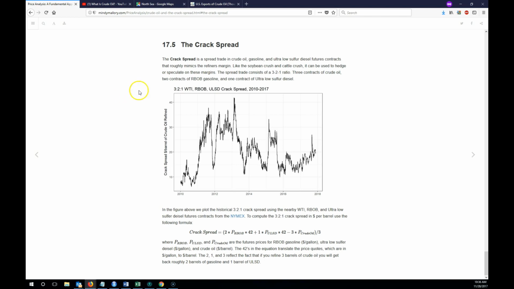Okay, so let me talk about the equation down here first of all. We talked already about how the crack spread is 3 contracts of crude oil, that's represented in this 3 here, 2 contracts of gasoline, that's represented by that 2, and 1 contract of ultra-low sulfur diesel, that's represented by the 1.